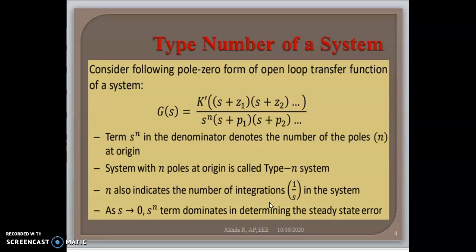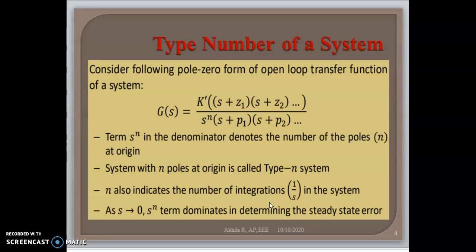If you don't have any poles at the origin, you call it a type 0 system. If you have an s term in the denominator, N is also going to indicate the number of integrations in the system. So if your N is 1, then your system is a type 1 system.